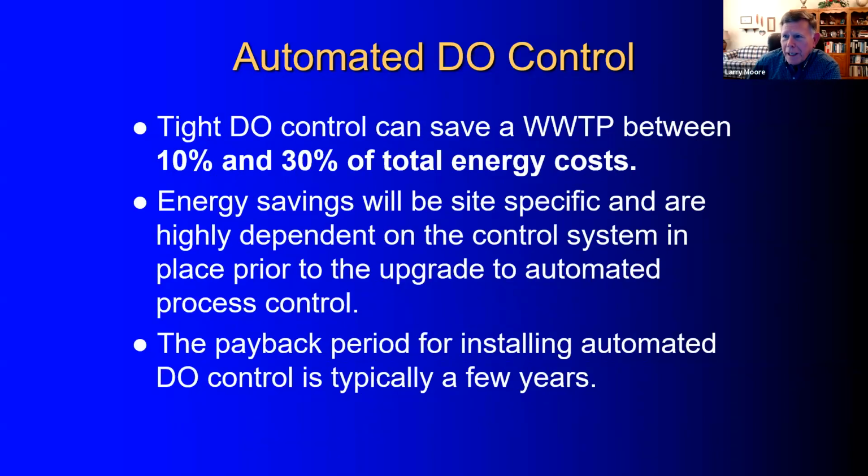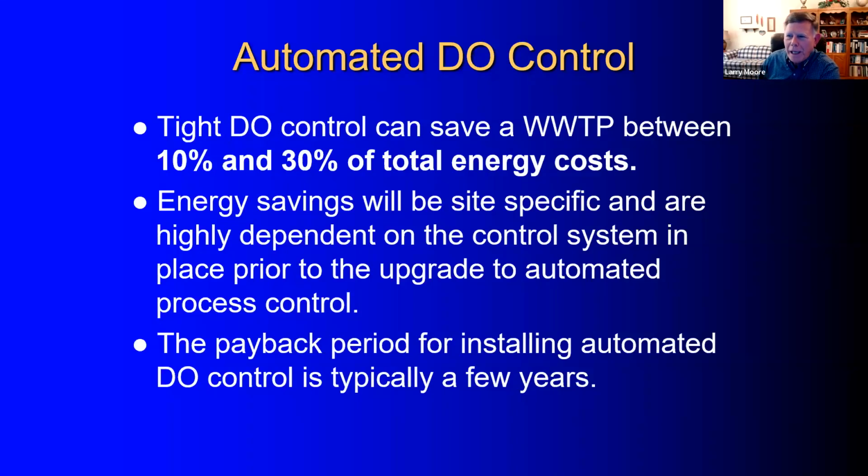The nice thing about DO control, if we haven't been using it and we implement an automatic DO control system, is we should be able to achieve 10% to 30% reduction in our overall energy costs. So that's important to us when we operate a treatment plant. And again, it depends on the type of plant you have and what you're doing right now.